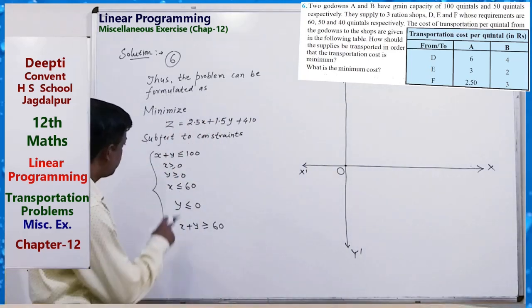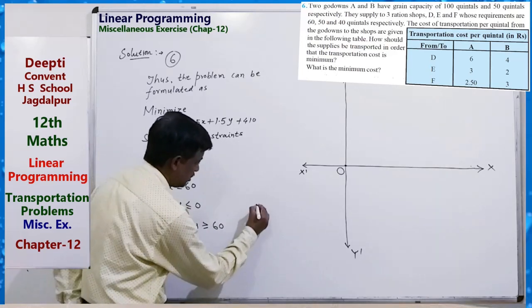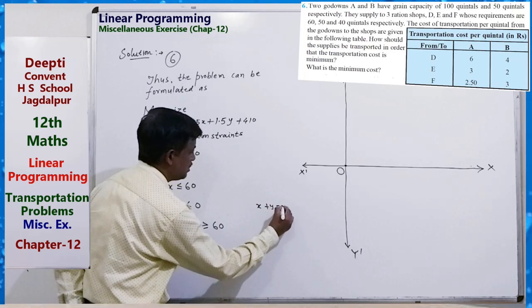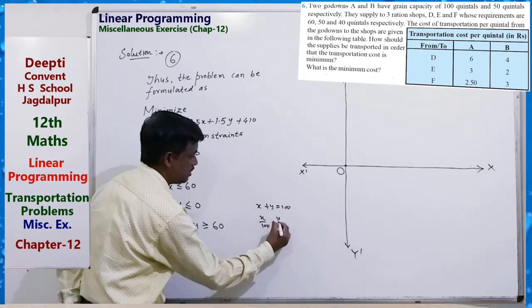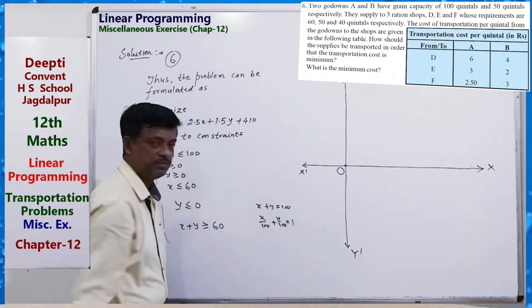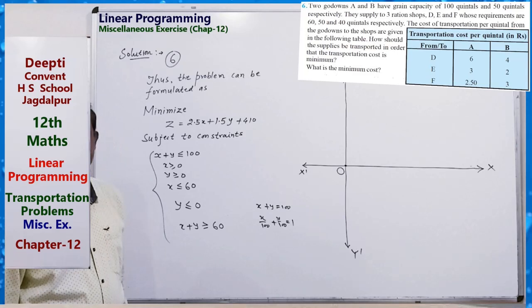For drawing this, x plus y equals 100, that is x by 100 plus y by 100 equals 1, means the points 100, 0 and 0, 100.